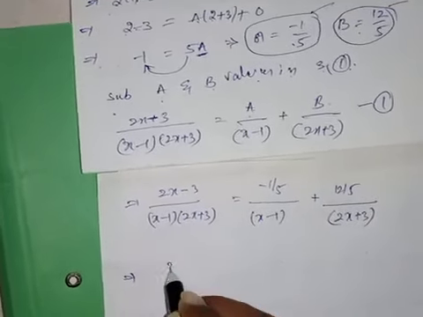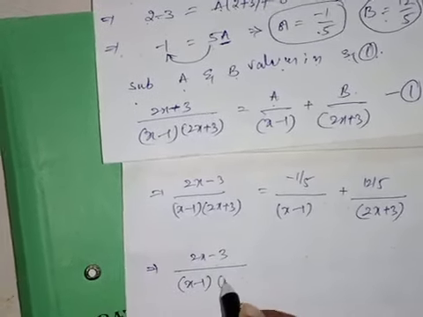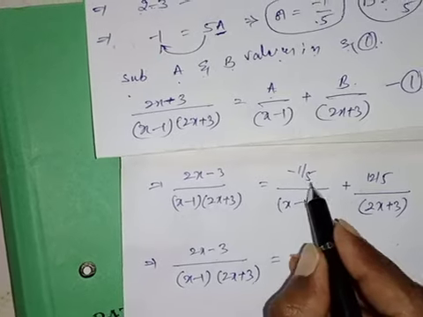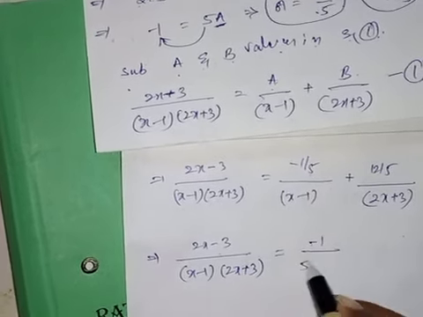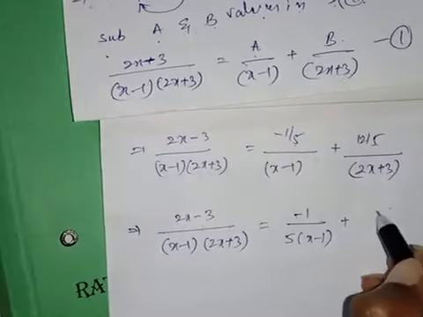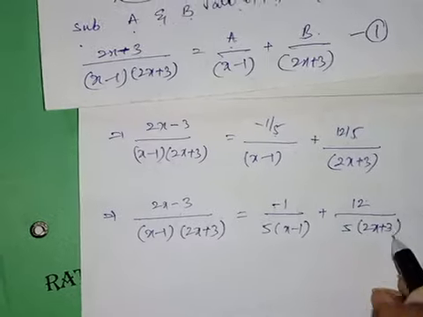See here, 2x minus 3 upon x minus 1 into 2x plus 3 is equal to minus 1 by, the denominator is 5, so 5 into x minus 1, plus here also denominator 5, 12 upon 5 into 2x plus 3.